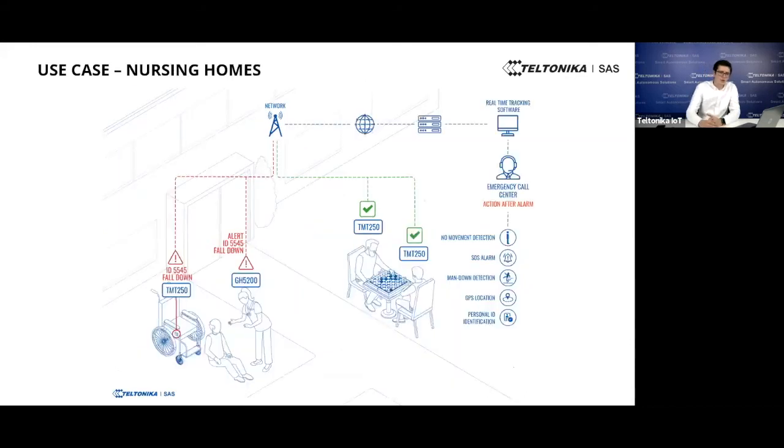Further on we will move on to the second case, which is nursing homes or elder care homes, which works in a similar way, right? Imagine the TMT250 being mounted on the wheelchair of an elderly person. He cannot walk, and sometimes they fall off that wheelchair, and you get an instant alert delivered to the GH. The GH in that case is on your nursing healthcare assistant, put on his neck.